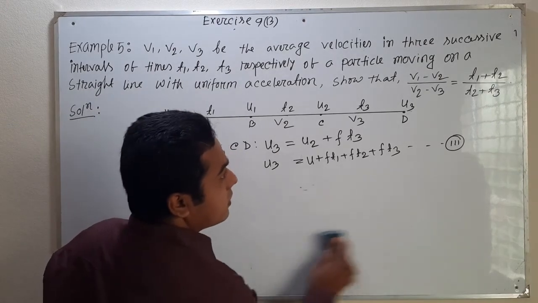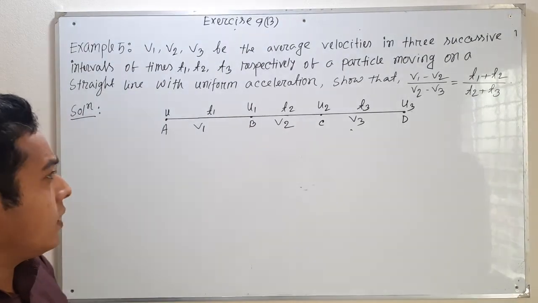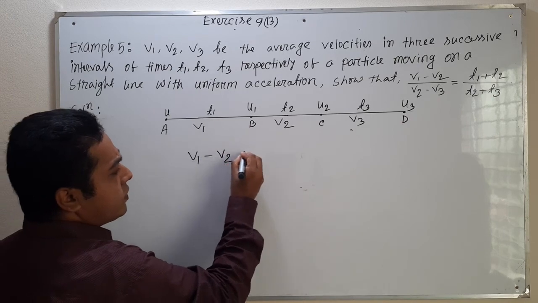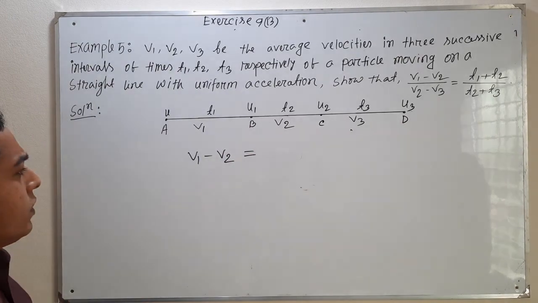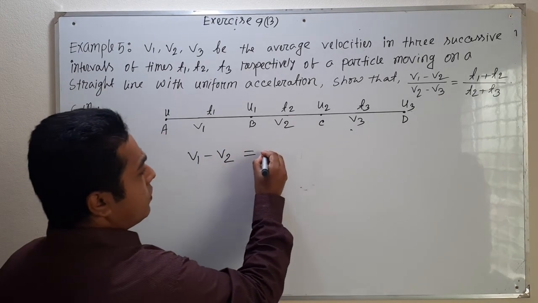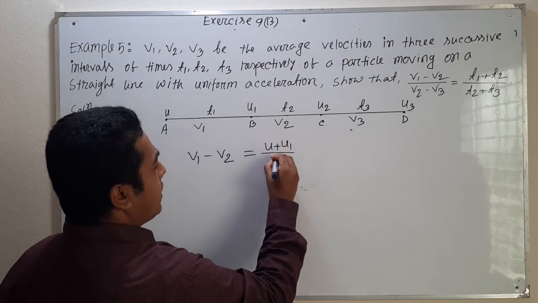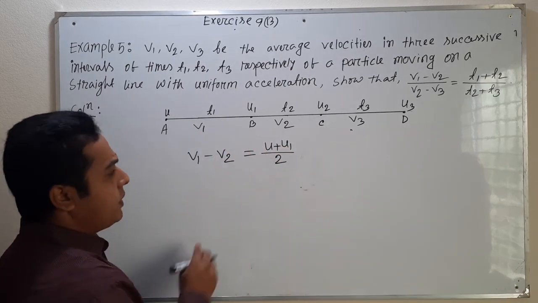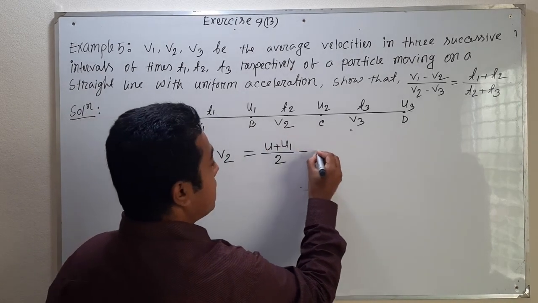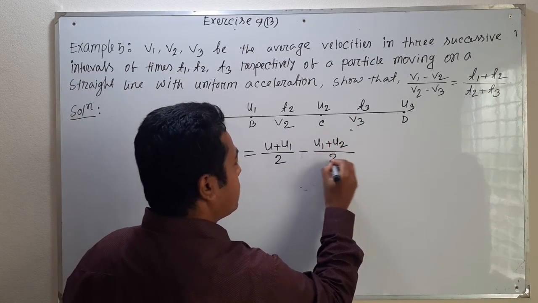Okay, now we get V1 minus V2. V1 is the average velocity for AB, so u plus u1 divided by 2, and V2 is the average velocity of BC, which is u1 plus u2 divided by 2.